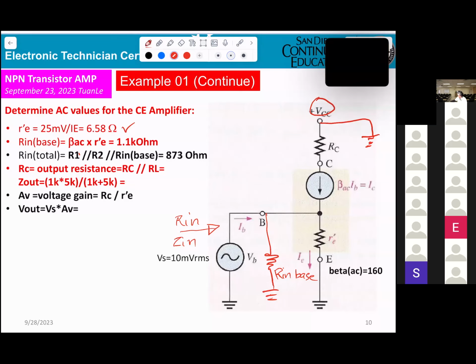Question, Mr. Graham? Over by the diagram, it says beta AC is equal to IB.